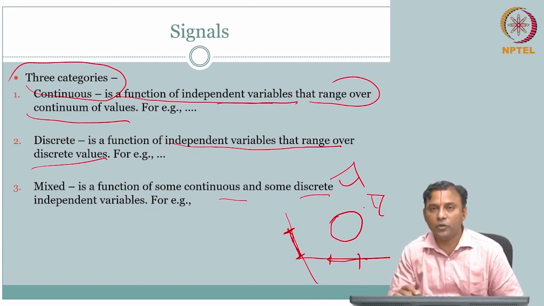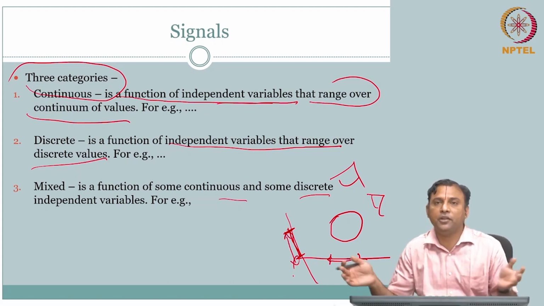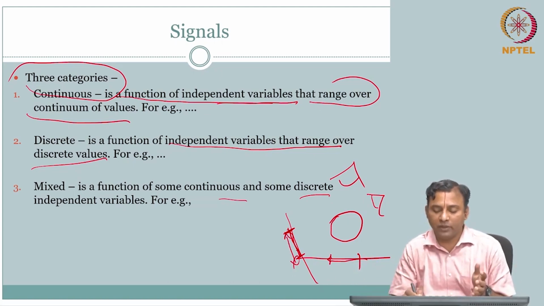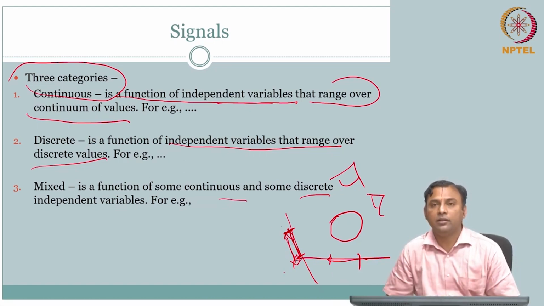Okay, so now you get the idea. The length scale is continuous. You may choose to pick values wherever, but this variable, whatever you're going to measure, this is the signal.